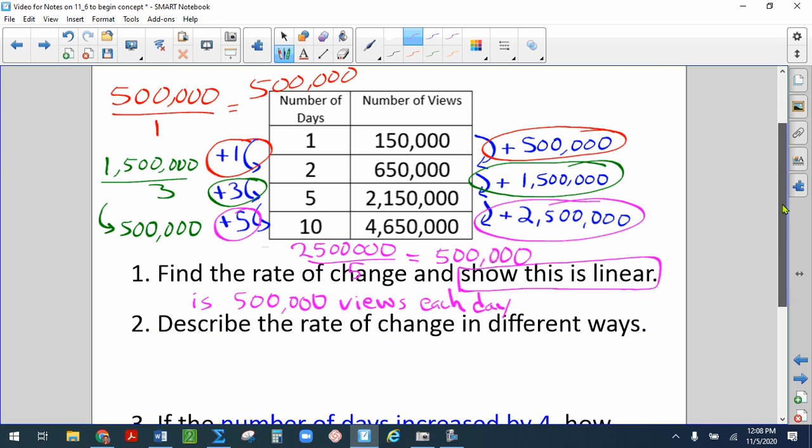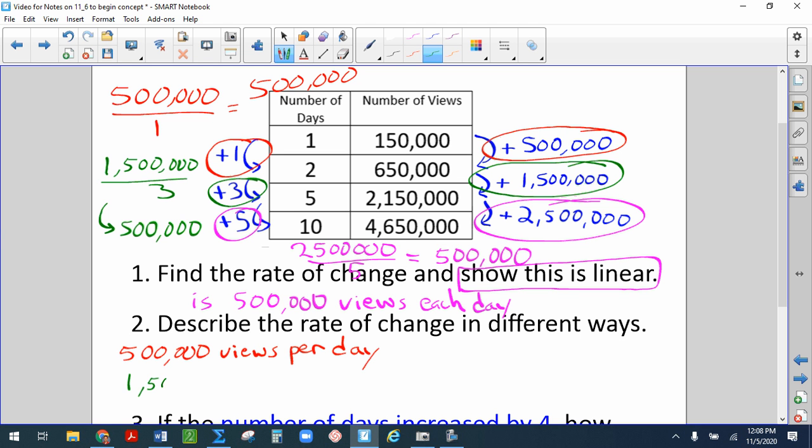Now, describe the rate of change in different ways. We kind of just did that. We said that it was 500,000 views per day. You could say 1,500,000 views every 3 days.